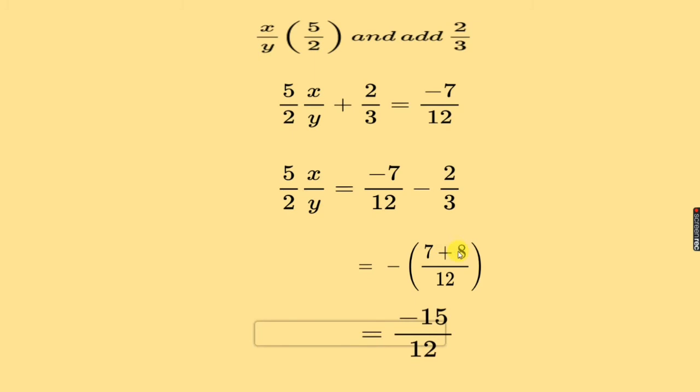Now adding 7 and 8, we get minus 15 upon 12.